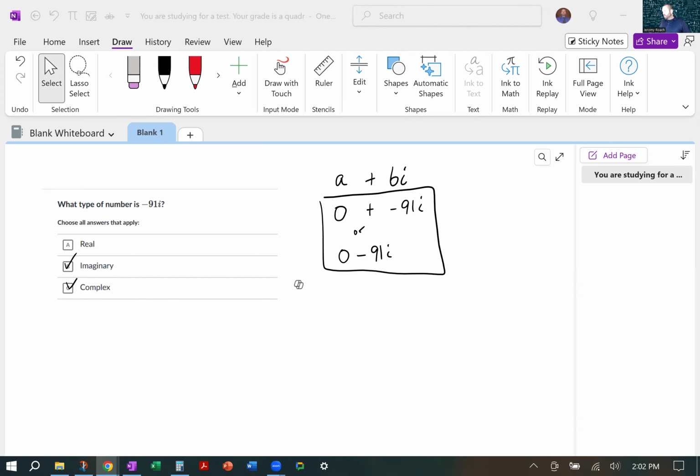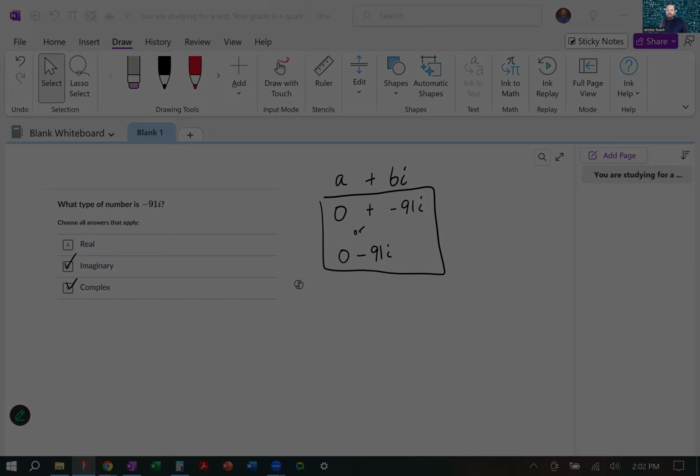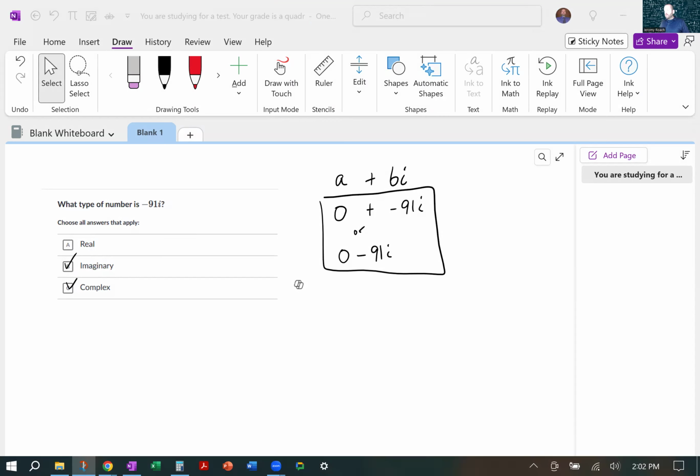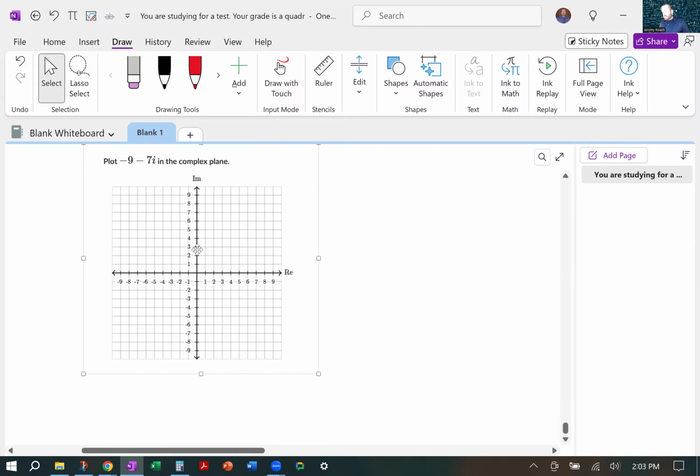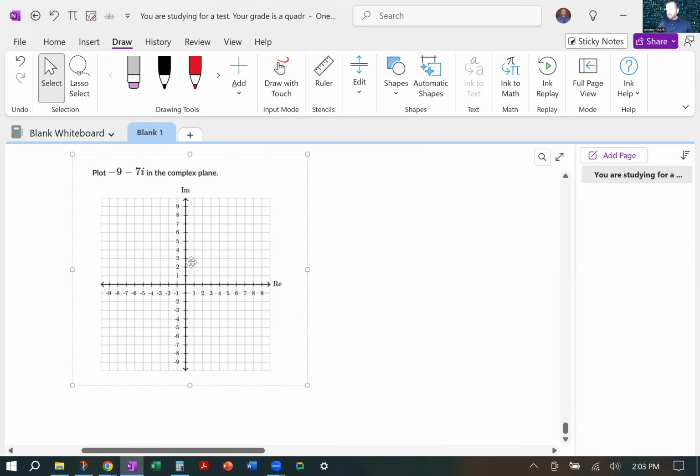So maybe we might just do one of these because it's very straightforward with the complex plane as well. When we're looking at imaginary numbers in the complex plane, a complex number is in the form of a plus bi.